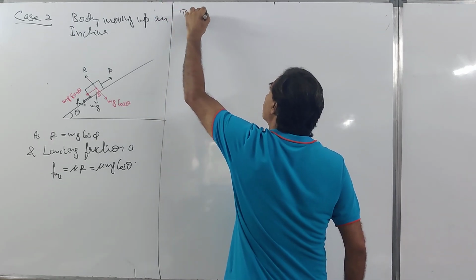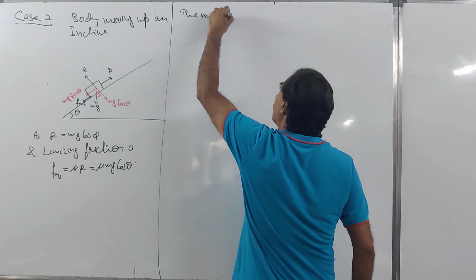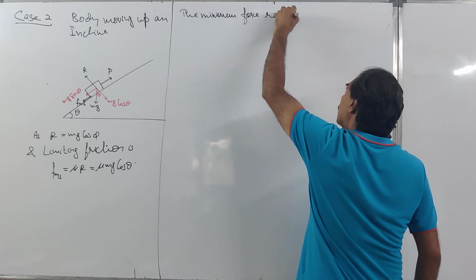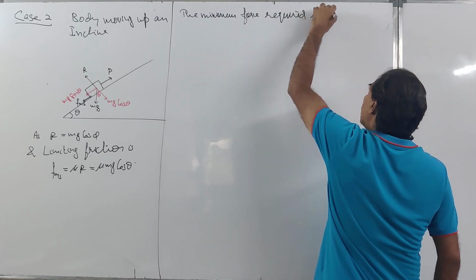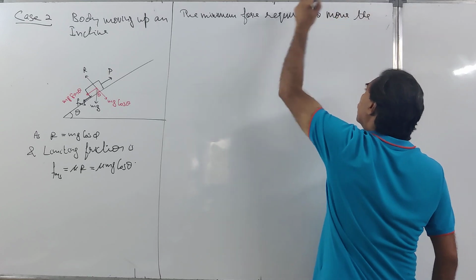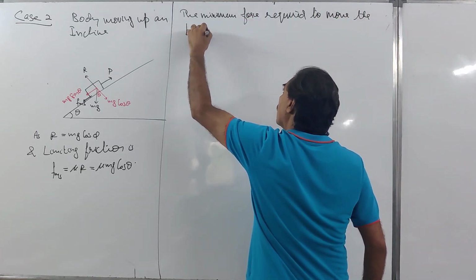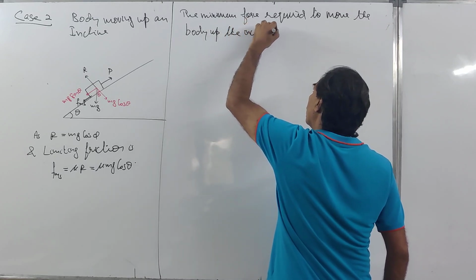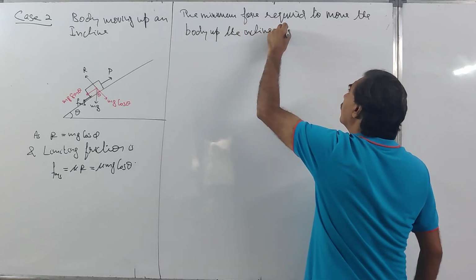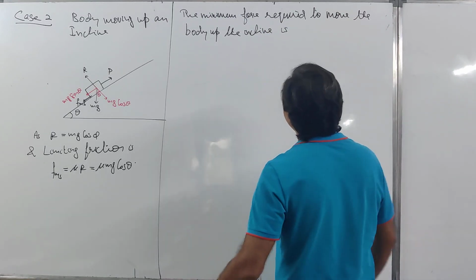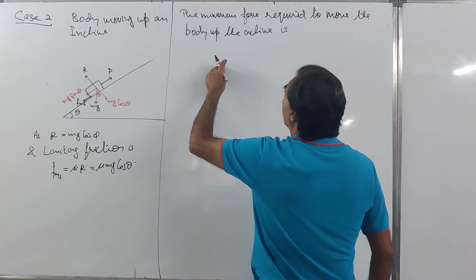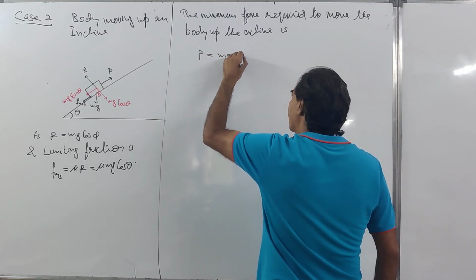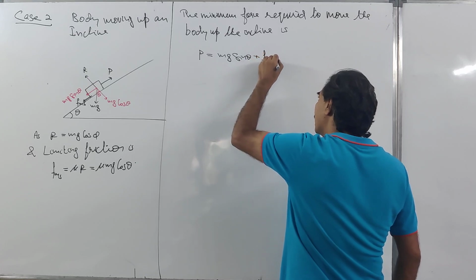The minimum force required to move the body up the incline is P is equal to mg sin theta plus FMS.